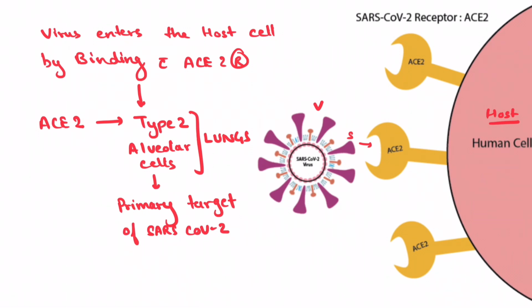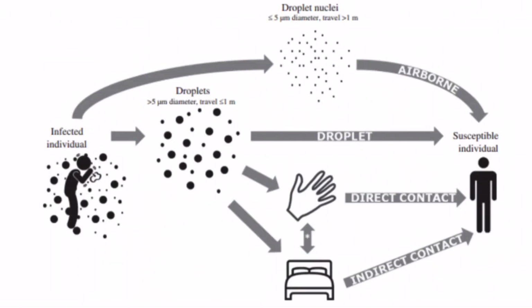Now coming to the modes of transmission. As you can see in this pictorial diagram, this is the infected individual and this is how he spreads the virus to other individuals. You all know that this is a respiratory disease, so it is mainly spread through droplet infection. What is droplet infection?